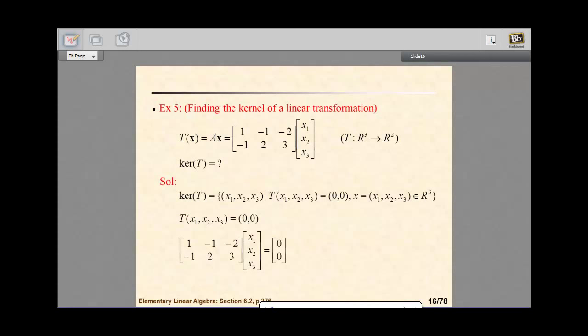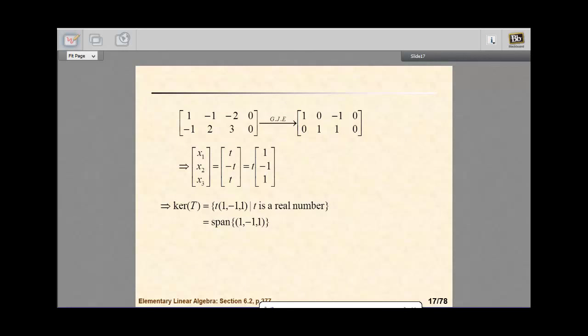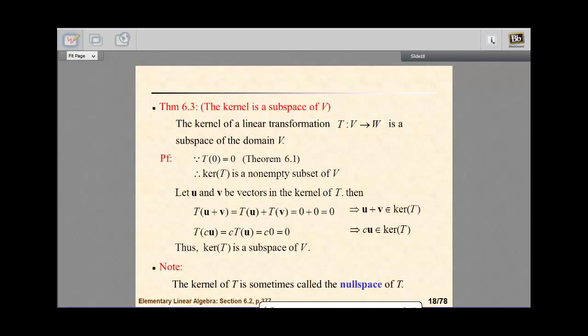Finding the kernel of a linear transformation, it is given that. So we can prove it like this: transformation of v is Ax, and we can prove that kernel of T will be equal to 0 0. So transformation of x1 x2 x3 will be equal to 0 0. We can prove it like this. The kernel of a linear transformation is a subspace of the domain.